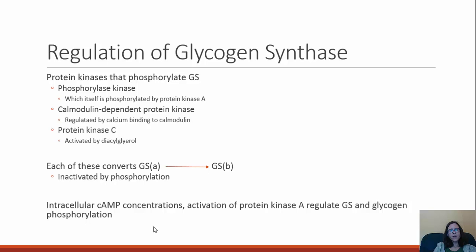So intracellular cAMP concentrations activate protein kinase A, which regulates glycogen synthase and glycogen phosphorylase. Okay, so when I was saying we have our hormone or nutrient signals, which are first messengers, these activate increased cAMP concentrations, which are second messengers, and these activate protein kinase A, which phosphorylates glycogen synthase and therefore inactivates it.